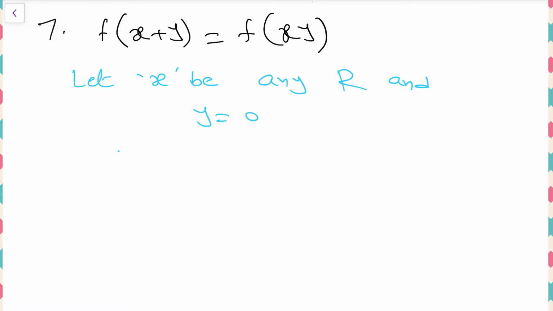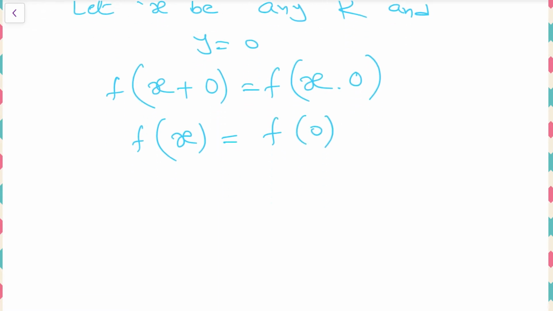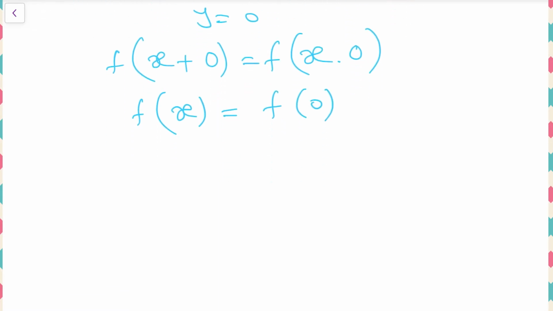So let us substitute now. F of x as it is plus y we took as 0 is equals to f of x as it is, y is 0. So f of x plus 0 is nothing but f of x, which is equals to f of x into 0, that is f of 0. So f of x is equals to f of 0.